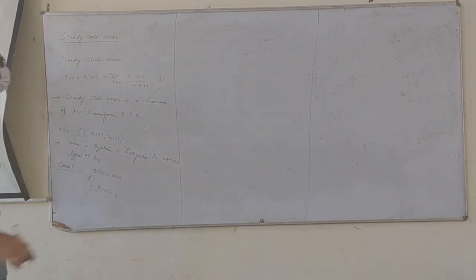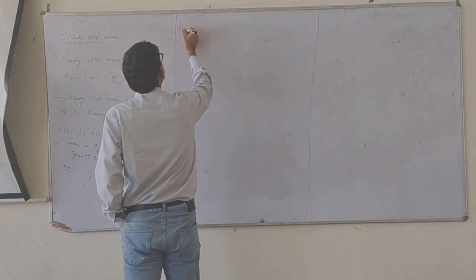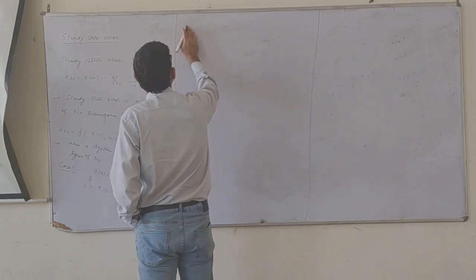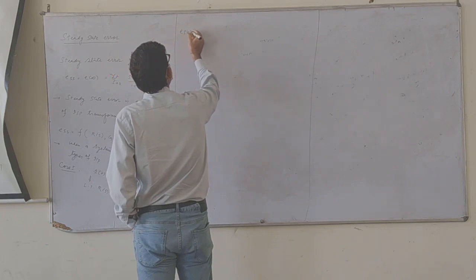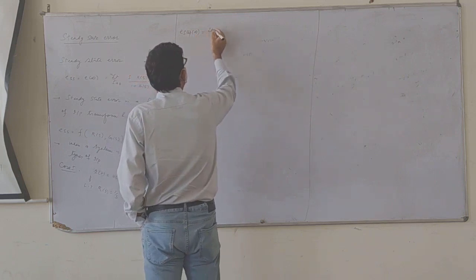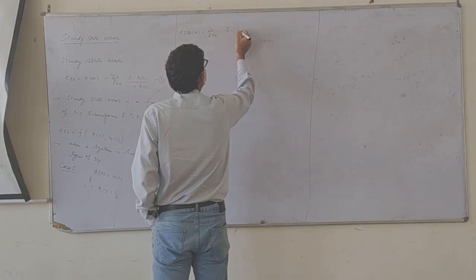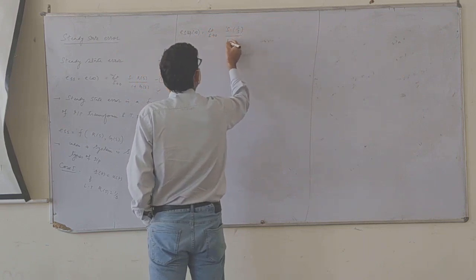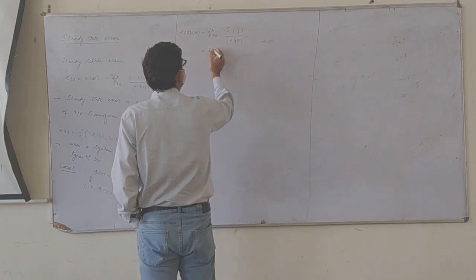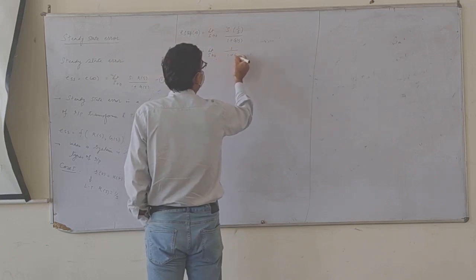So substituting that expression in the steady state error, or E of infinity, in the case of a step input, we can say limit s tends to 0 of s times R of s, which is 1 by s, divided by 1 plus G of s. Now this s term will get cancelled. As s tends to 0, that will be 1 divided by 1 plus G of s.